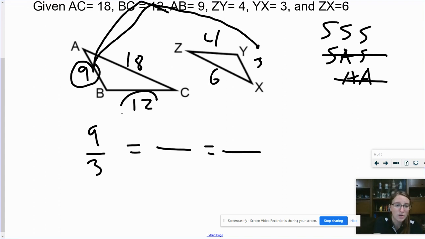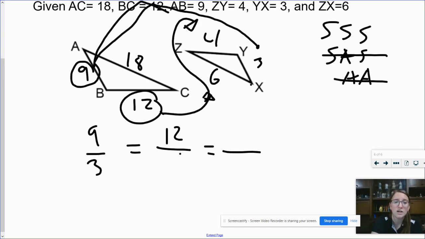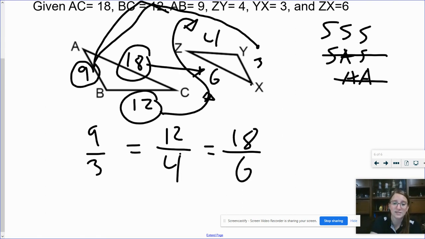So I'm going to go from 12 over to the medium side over here, which is 6. Nope. Whoo, I almost made a mistake. Careful. 12 is the medium side over here. It has to go with the medium side over there, which is 4. And then 18 has to go with the biggest side, which is 6.